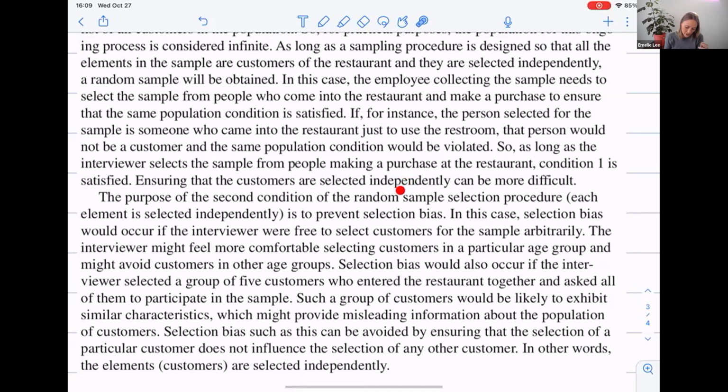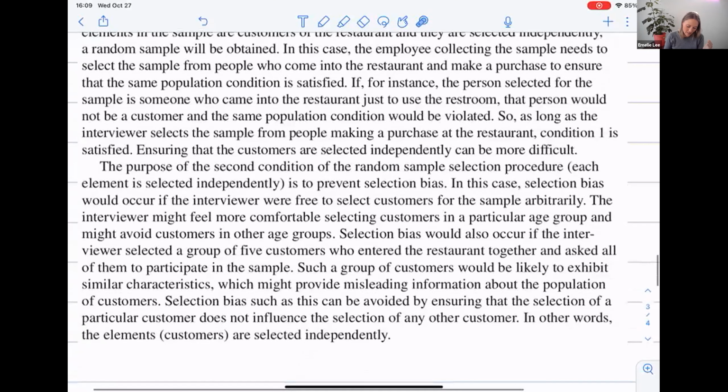Now, how do we make sure that customers are independently selected? You want to avoid things like sampling from the same group, and they've got a couple of warnings here. What we're trying to prevent is selection bias.